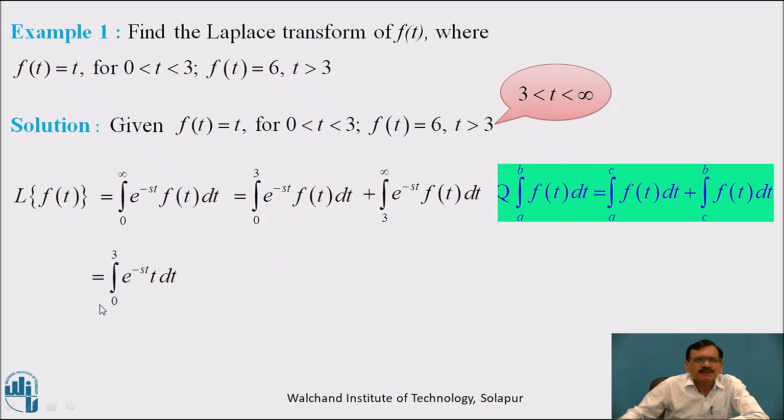This is equal to integration from 0 to 3 e raised to minus st, and here f of t in the interval 0 to 3 is t, plus integration from 3 to infinity e raised to minus st, and here f of t is 6.